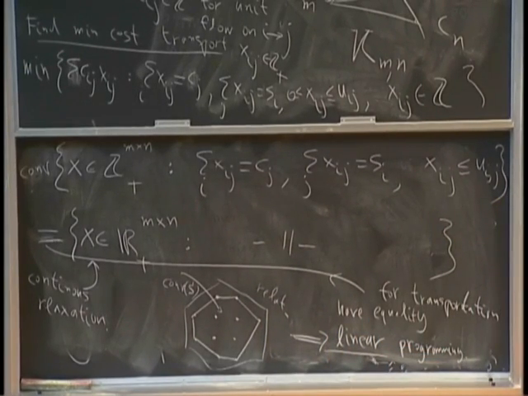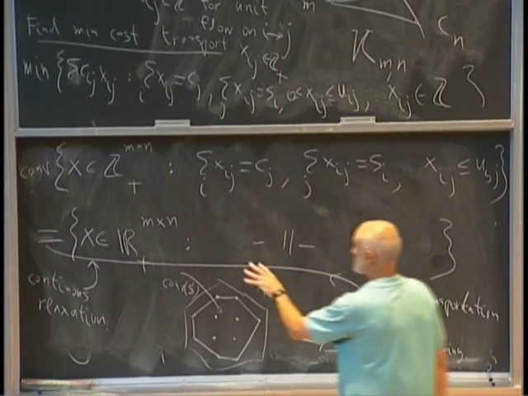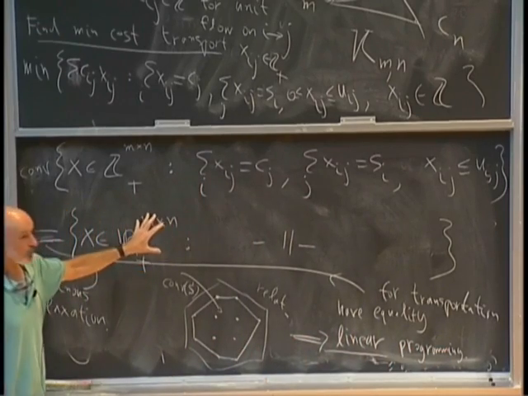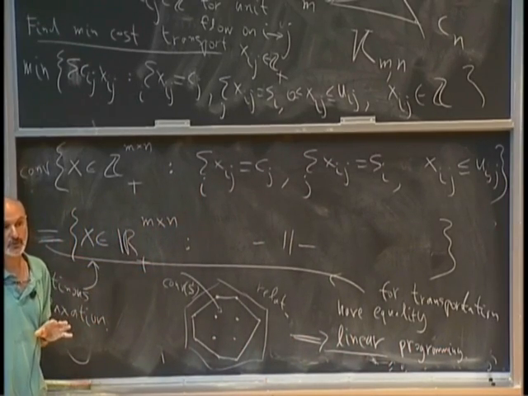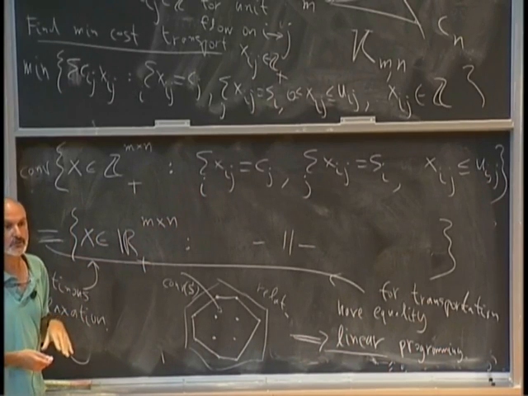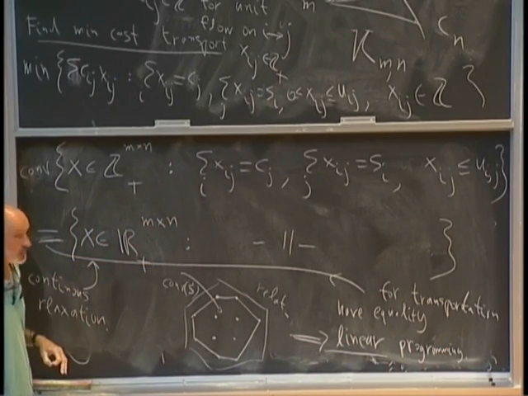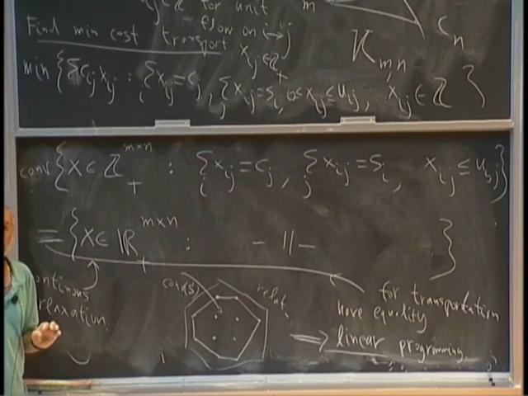If you've not seen this, this may be a little bit not so clear. It's something to think about, and I hope in the recitation later this afternoon, maybe you can say something about totally unimodular matrices. So this is a very specific situation for the transportation problem, and this explains why I can do it in polynomial time. There are also combinatorial algorithms, flow algorithms, but this is really what's going on behind, why this problem is easy.